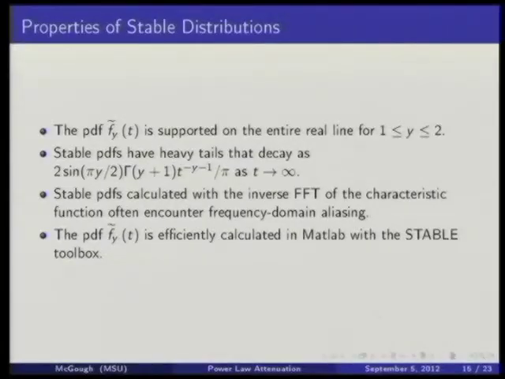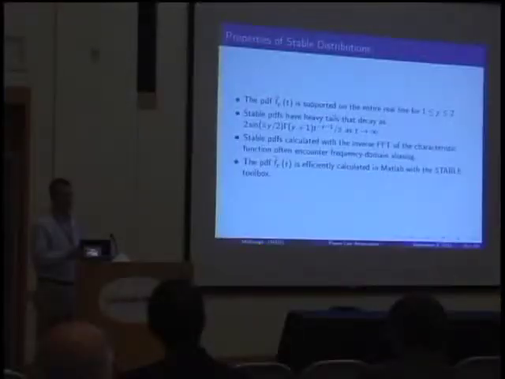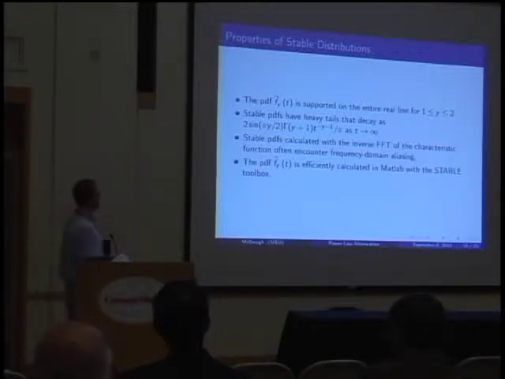Now, this stable PDF has been well characterized by statisticians over the last several decades. One thing that we know about this is that the stable PDF is supported on the entire real line for values of y between 1 and 2. What this means is that these solutions are non-causal. But I'll get into that a little bit further. Actually, the non-causal nature of the solution is not such a big deal.